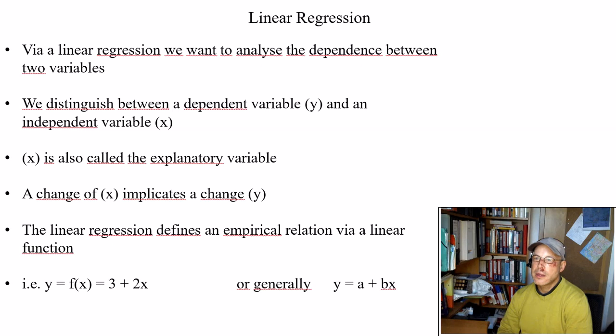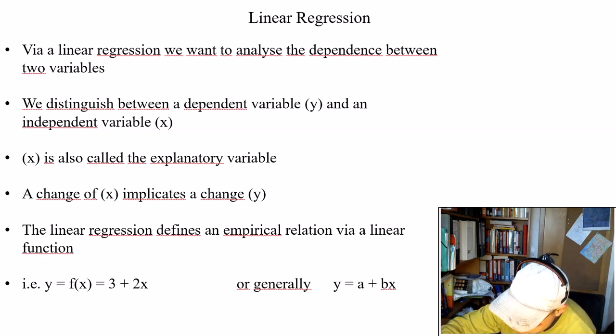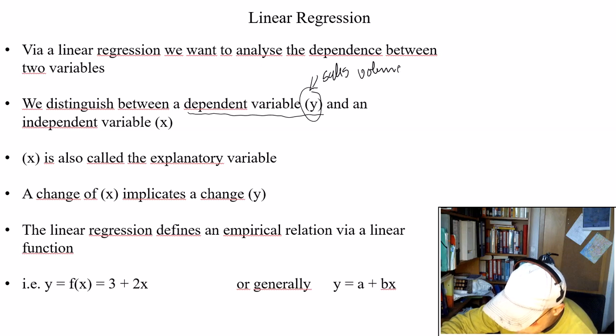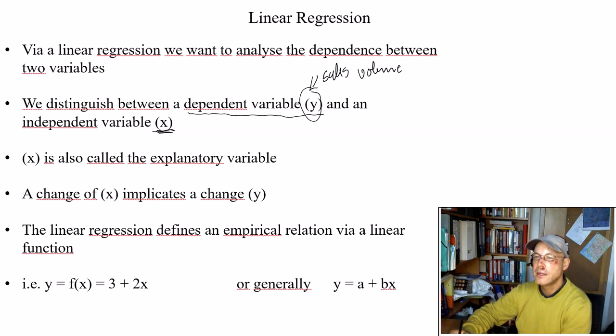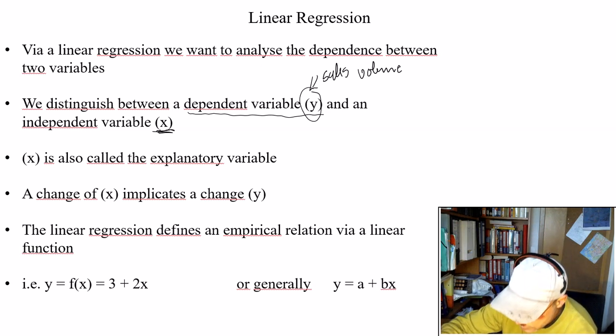Well, and for this, we think of a general dependence between these two variables. One variable we want to explain, and this would be the dependent variable. In our case, this would be our sales volume. And the independent variable, these are our visits.